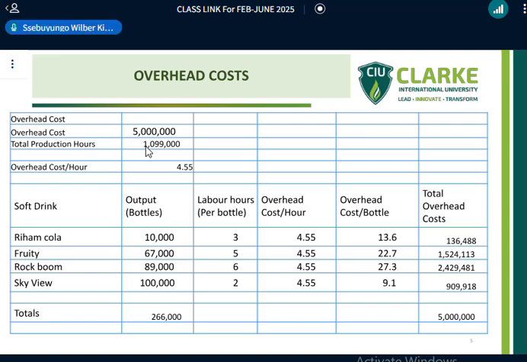That's where we got the 4.55. And that is fixed, so it is for every kind of bottle. It is not a variable cost. It is fixed for every category of bottles. So that's where we got the 4.55: 5 million divided by total labor hours.